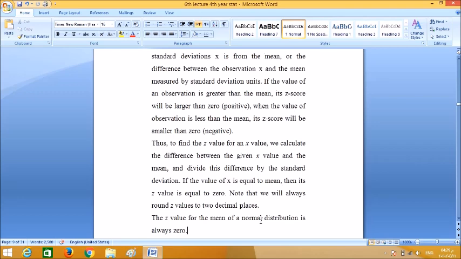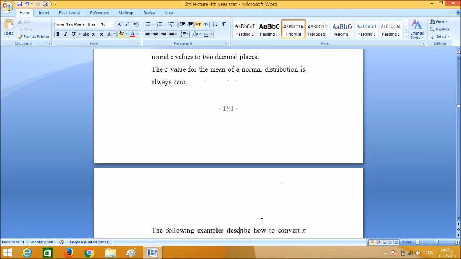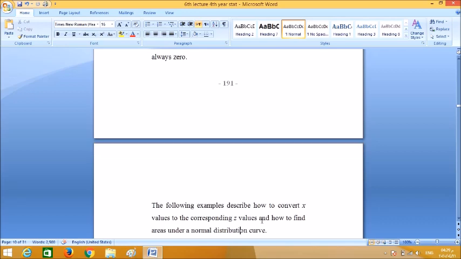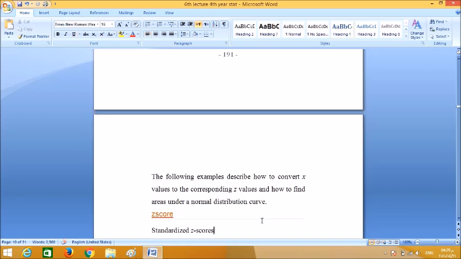The z value for the mean of a normal distribution is always 0. So mu equals 0 for the standard normal distribution. The following examples describe how to convert x values to the corresponding z values and how to find area under the normal distribution curve.